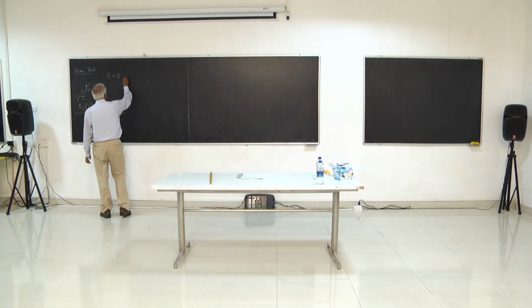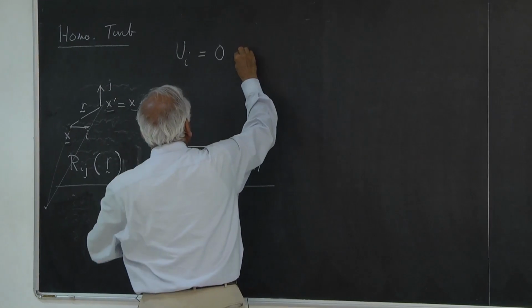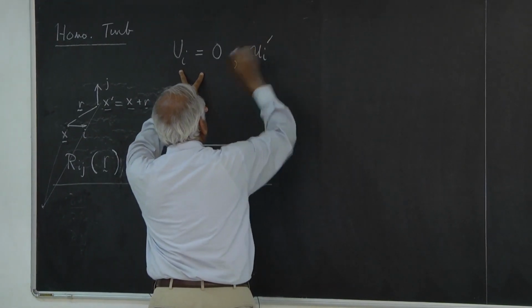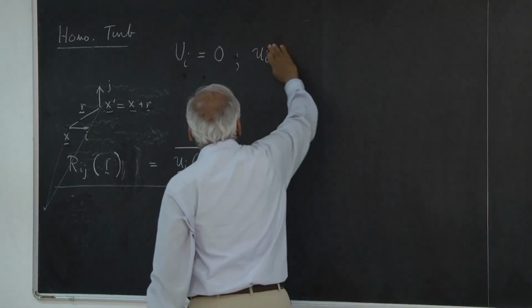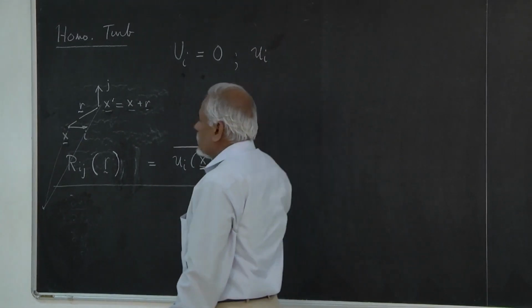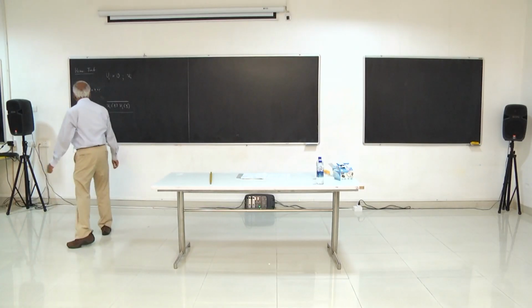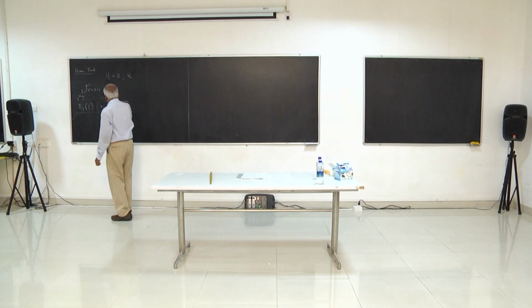So initially in the morning, I called this Ui for the mean, and for the fluctuations I used the prime. But now I'm going to drop the prime because you only have fluctuations here. So when I write something like that, it actually means just the fluctuations.